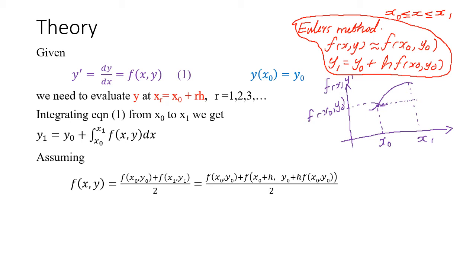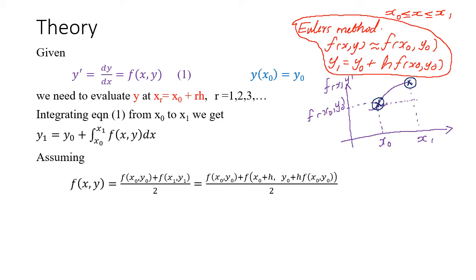Now here we make some modification. In the case of the second order RK method, we just take the average value of the function at this point and at this point.